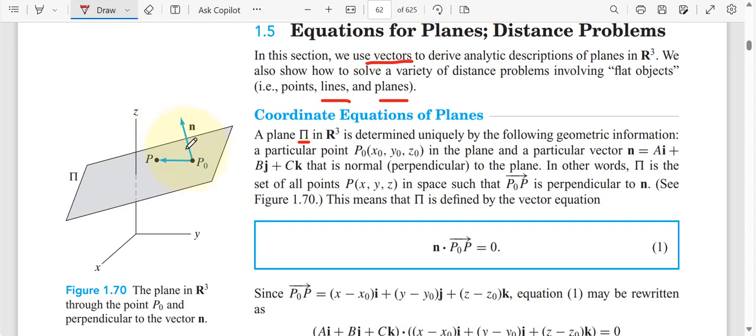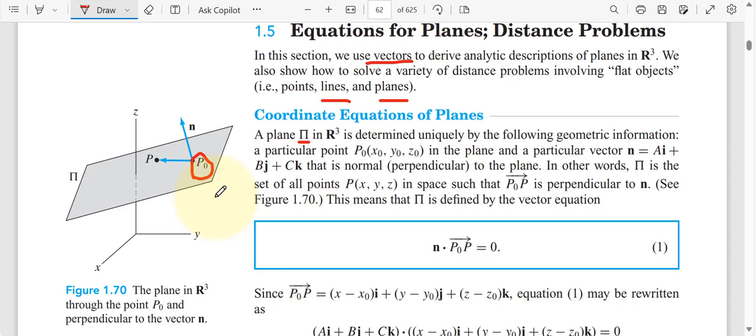But among all the planes that are perpendicular to n, we can talk about the plane which is perpendicular to n and goes through a particular point. Once we specify a particular point, then there's only one plane that will satisfy both of those conditions. That is, there's only one plane that will be perpendicular to n and contain some given point, which they denote by p0.